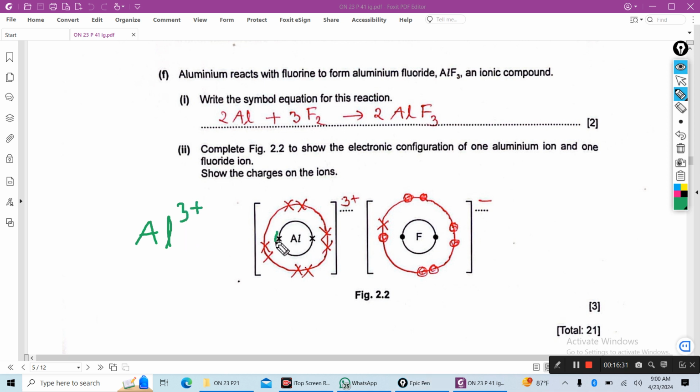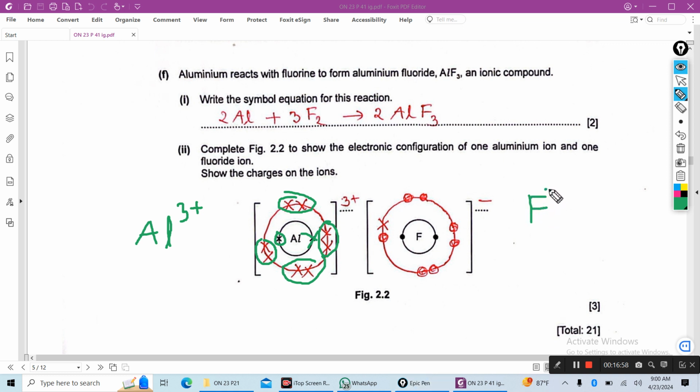So first shell contains 2 electrons, second shell contains 8 electrons, and 3 plus means it lost 3 electrons. And fluoride ion has 10 electrons in total.